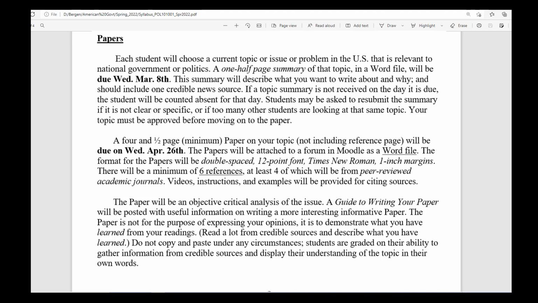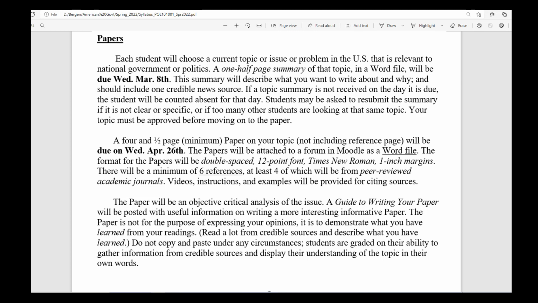Speaking of references, there'll be a minimum of 6 references for your paper, 4 of which will need to be peer-reviewed academic journals. As I've talked about them many times already, the peer-reviewed academic journals are going to be the heart of your paper. That's where your analysis will come from, that you are reviewing and describing what you've learned.